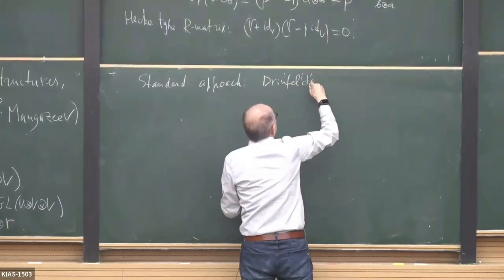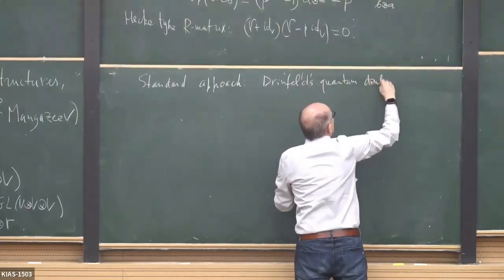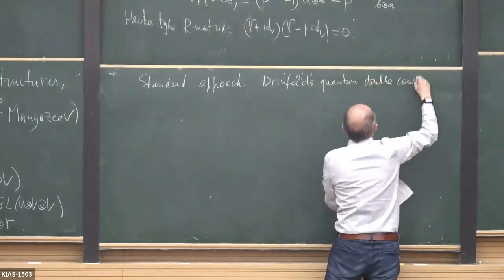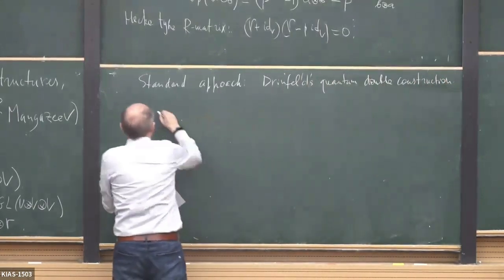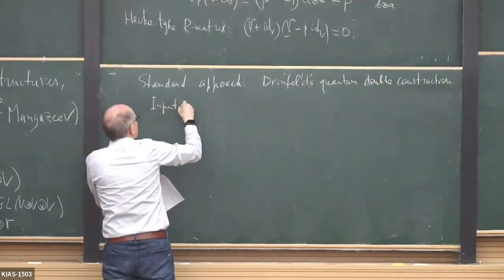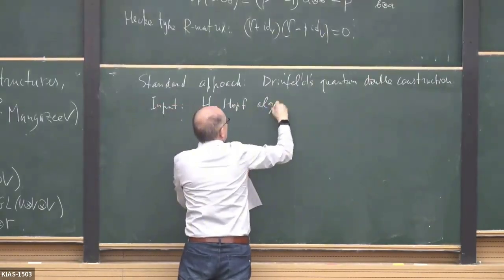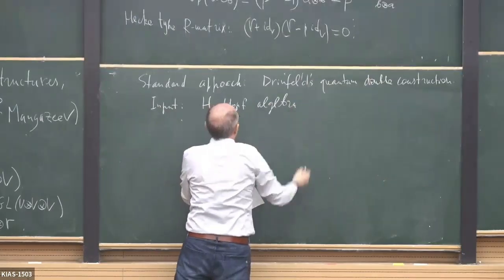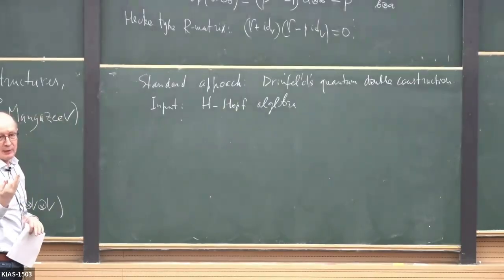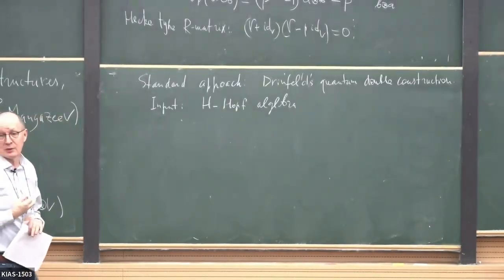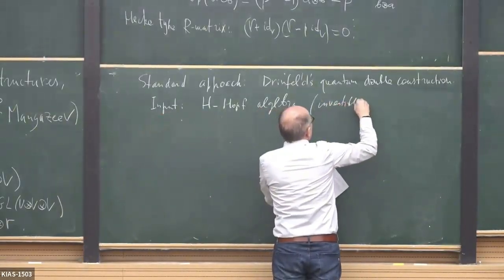What is it? The input is a Hopf algebra. In most general form, you need only one thing from the input Hopf algebra: that its antipode is invertible. No other restriction.